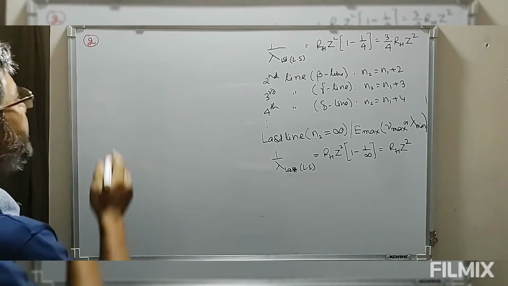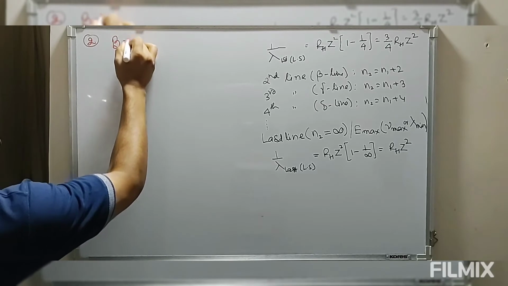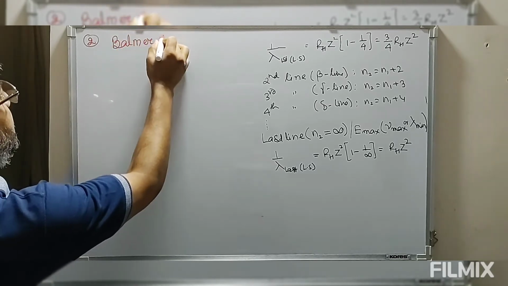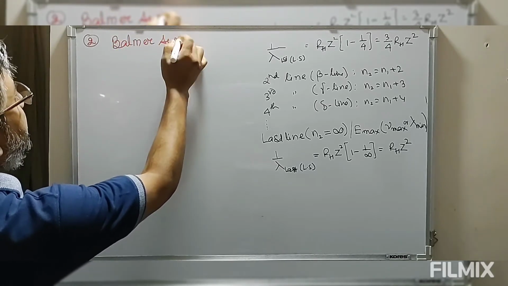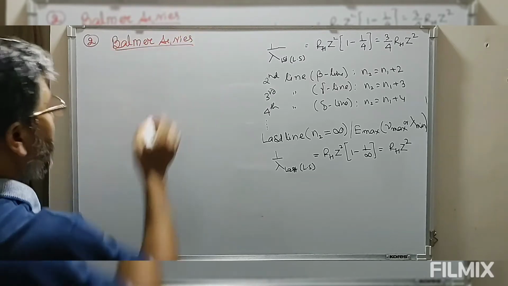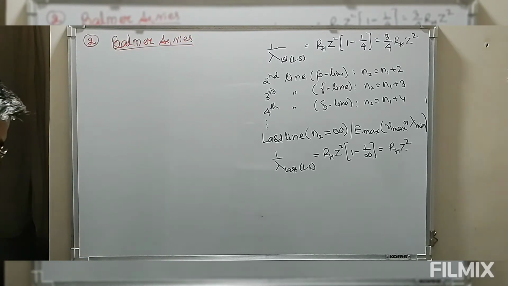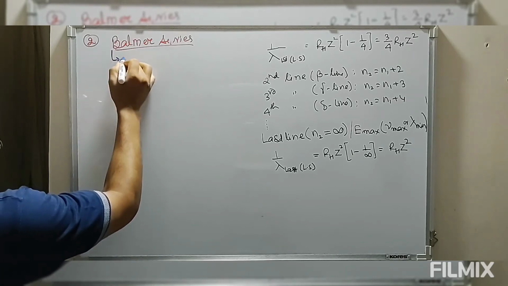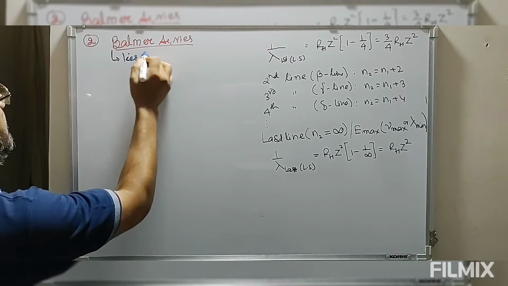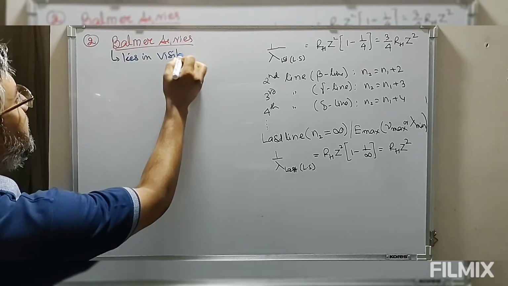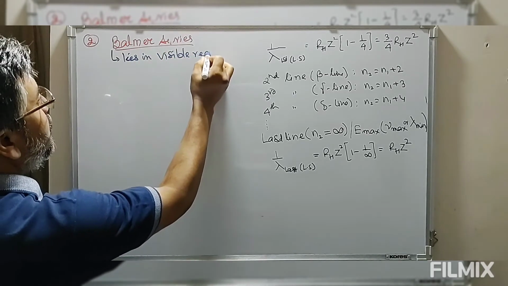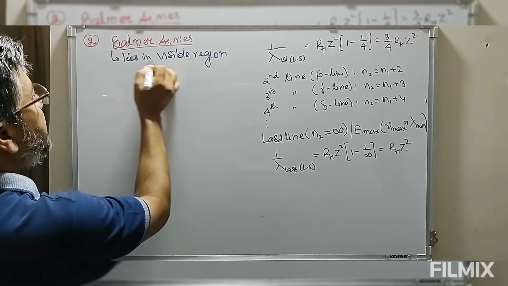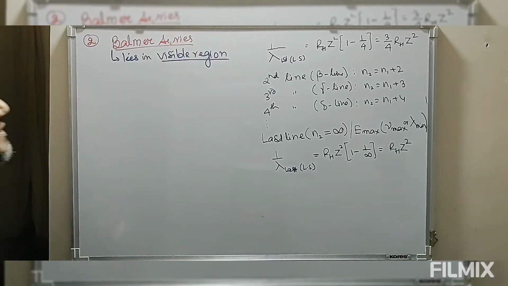The second series is known as the Balmer series. For the Balmer series, the radiated frequency or wavelength lies in the visible region. So the only series that lies in the visible spectrum is the Balmer series.